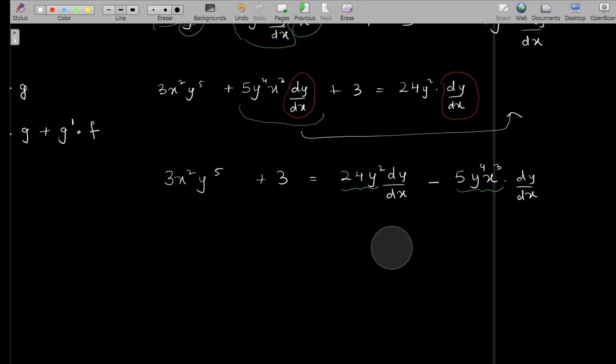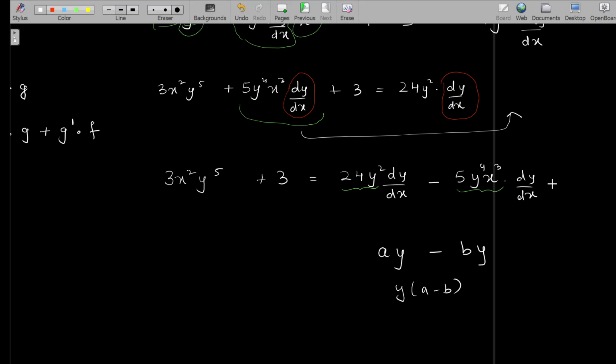So for example, Anika, if you have ay minus by, then how would you isolate y? Well, you can factor out y first. Then it'd be y times a minus b. Exactly.